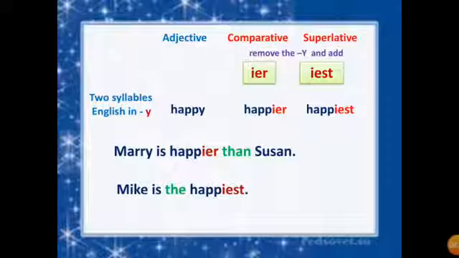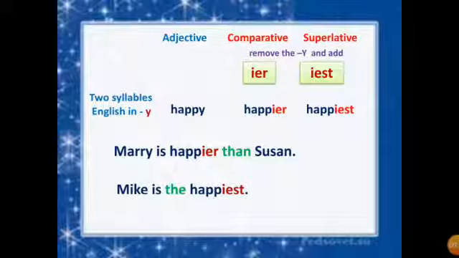For example, Mary is happier than Susan. We remove the y and add ier in the comparative sentence.